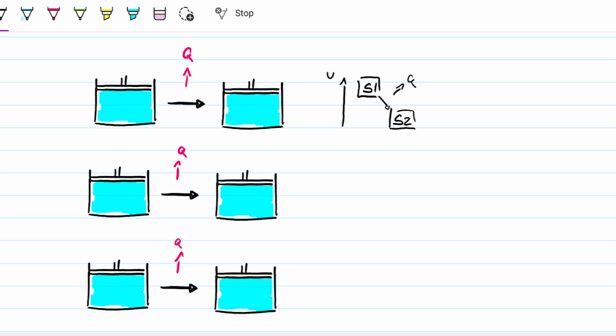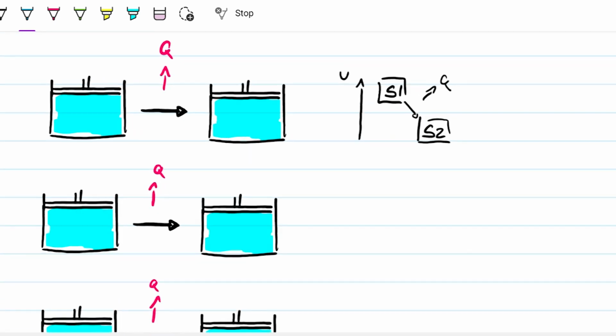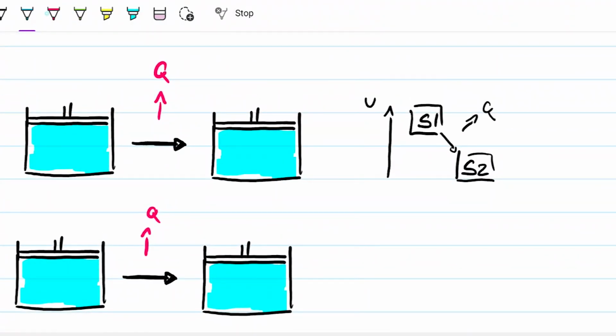Or my work is going to change the volume, right? So the other option is work to be able to take care of this. Think about it. We have energy leaving my system, and it's a combination of things, right?